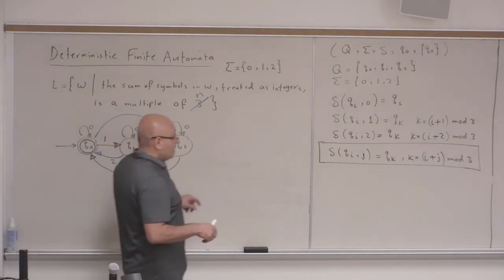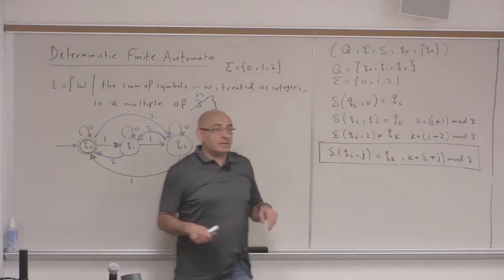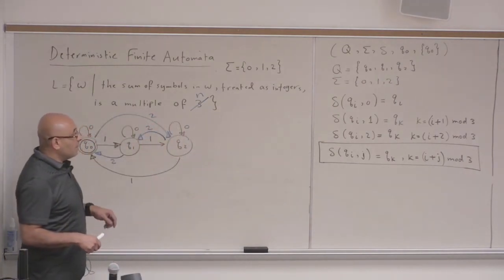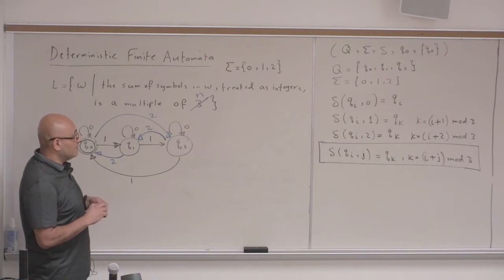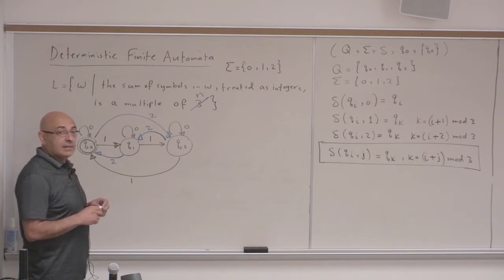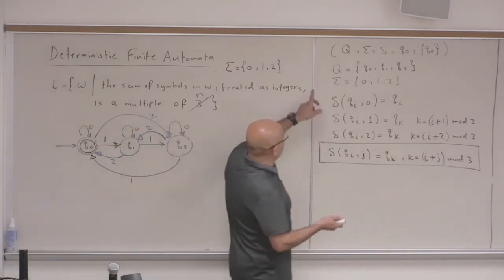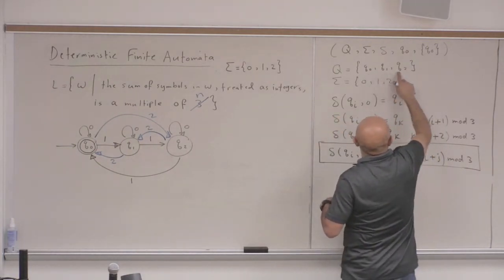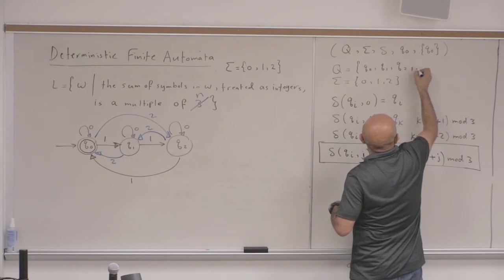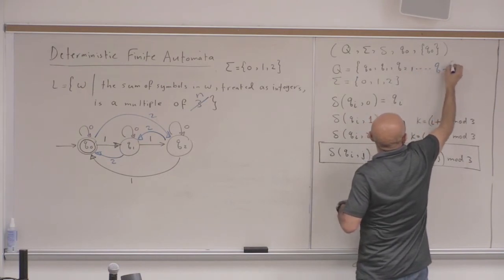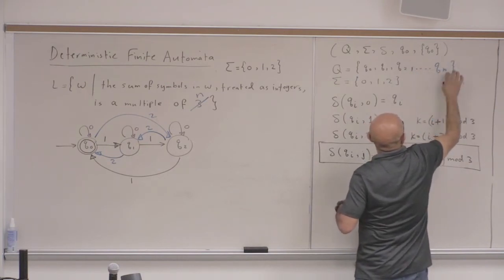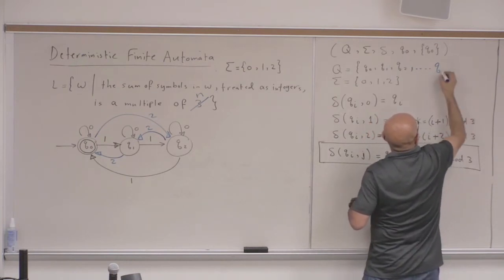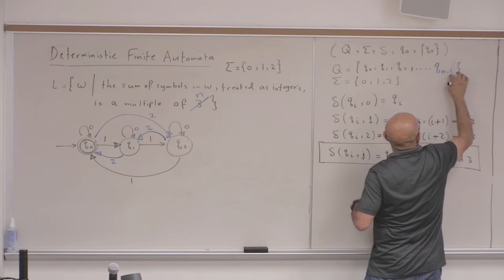So the power of algebra is that you can represent a DFA by changing what? The number of states. So this is going to become Q0, Q1, Q2, up to Qn. n or n minus 1? n minus 1. You're right. n minus 1.